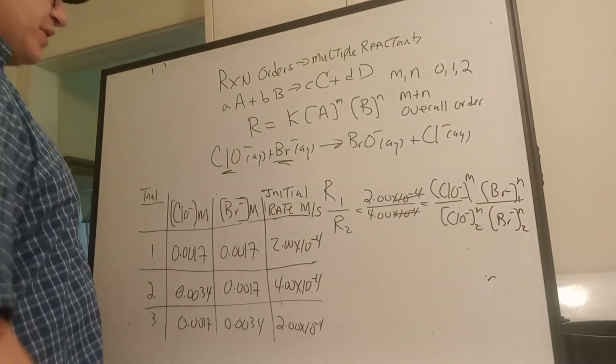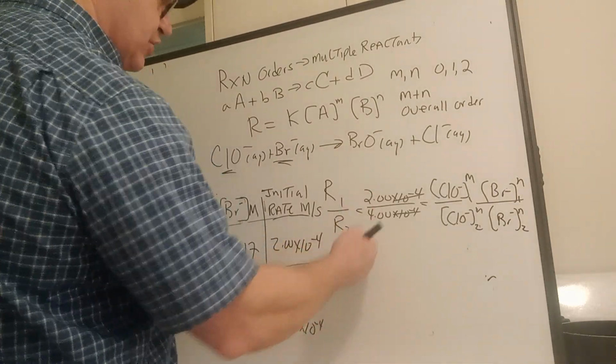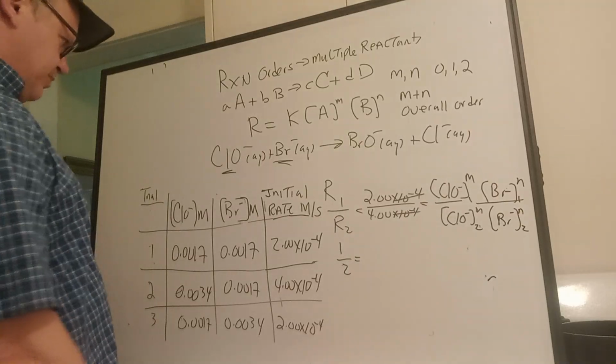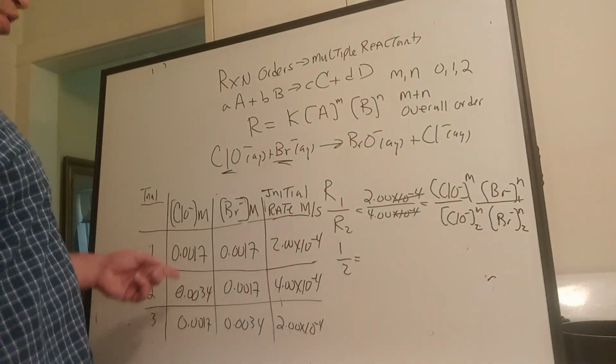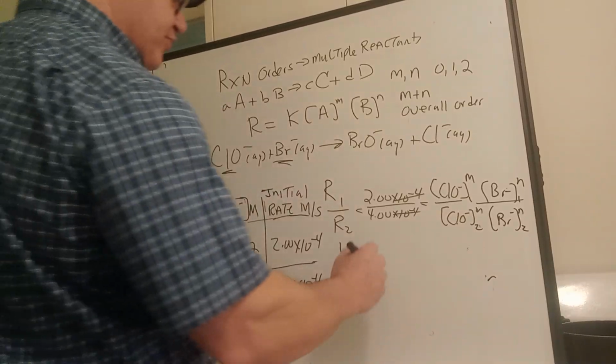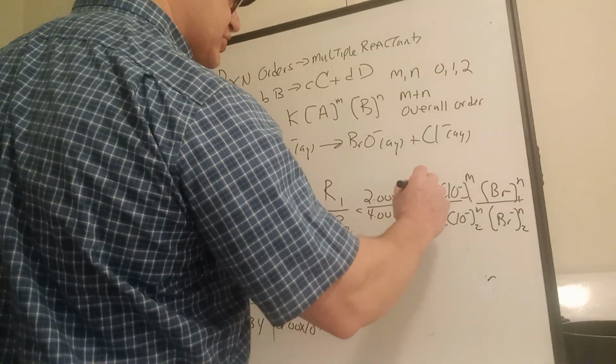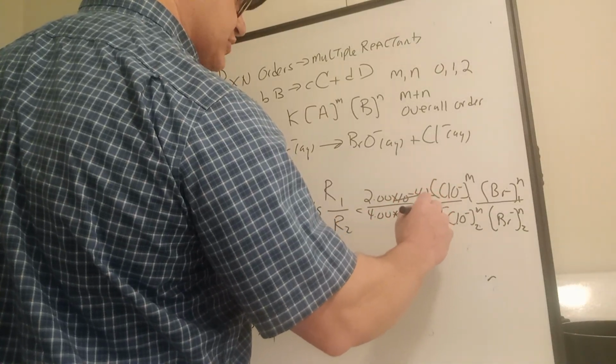One thing to notice is, for the rates, we have a 1/2. 2 over 4 is 1/2. The bromide ions are the same concentration, so for them we get a 1. Also, the rate constants K cancel because they're the same.